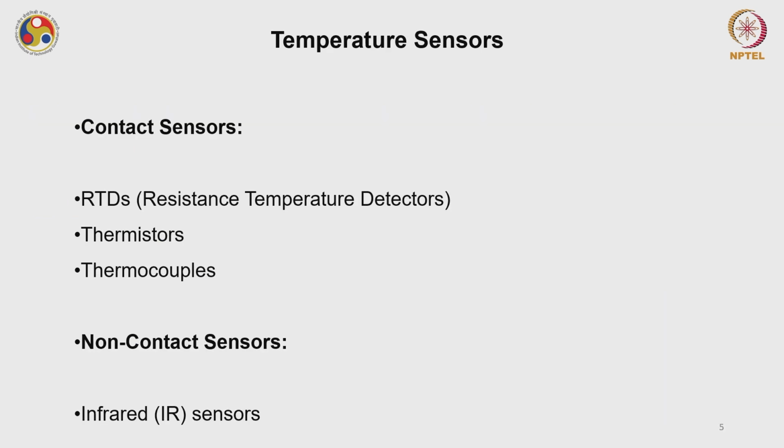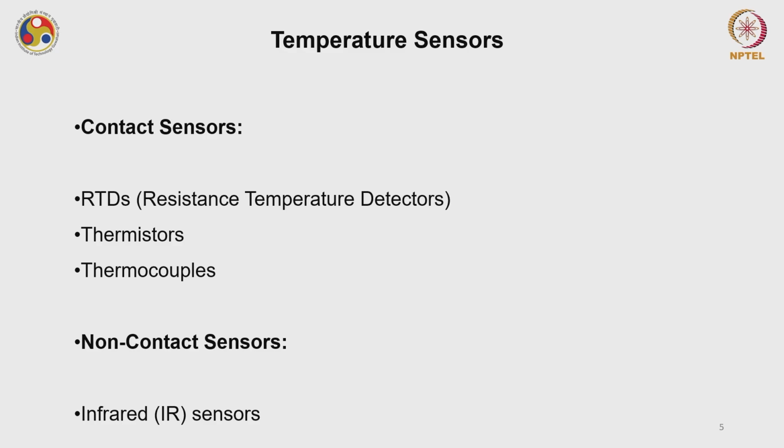The sensors that we have just discussed can be divided into two categories: contact sensors and non-contact sensors. RTDs, thermistors and thermocouples are all categorized under contact sensors. Whenever they come into contact with the object, only then can they tell you about the temperature.